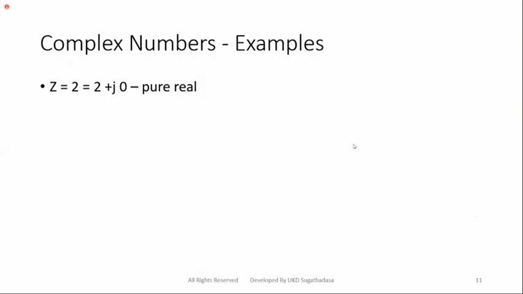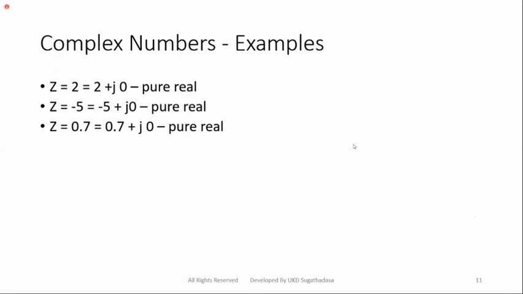This is again a complex number because the J component is 0. That is called a pure real number. Another pure real number, -5, is -5 plus J0. In the first example, A is 2, B is 0. In the second, A is -5, B is 0.